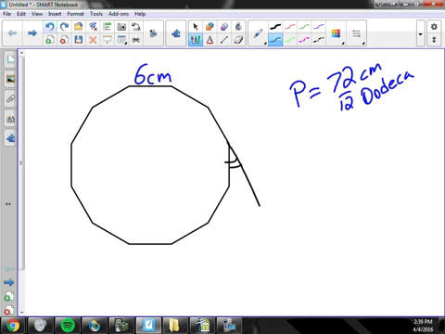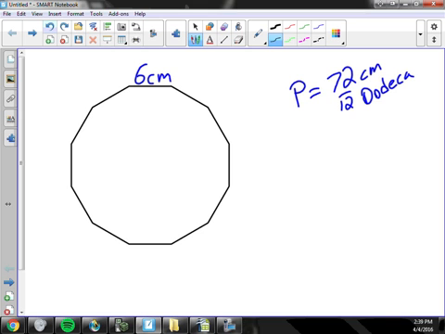If I add up all of those exterior angles, I get 360. So 360 divided by 12 would be 30. Each one of those is 30. If that's 30, then how big is this one? 150. And that's actually usually a lot easier. So take 360, divide it by however many sides there are. That gives you the exterior angle. Subtract that from 180, and you get the interior angle.